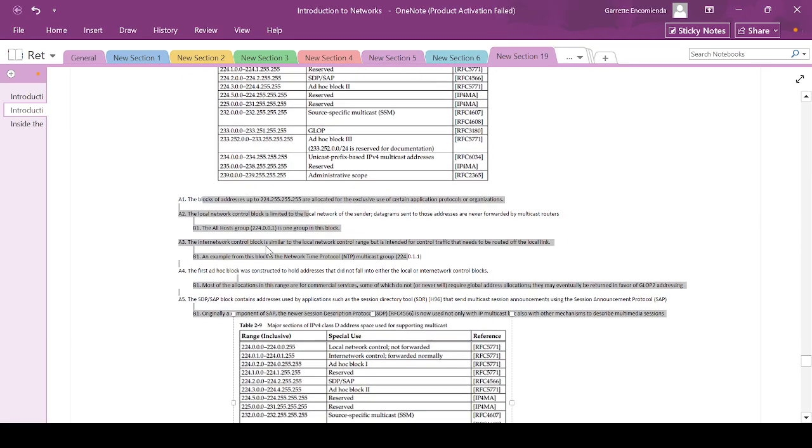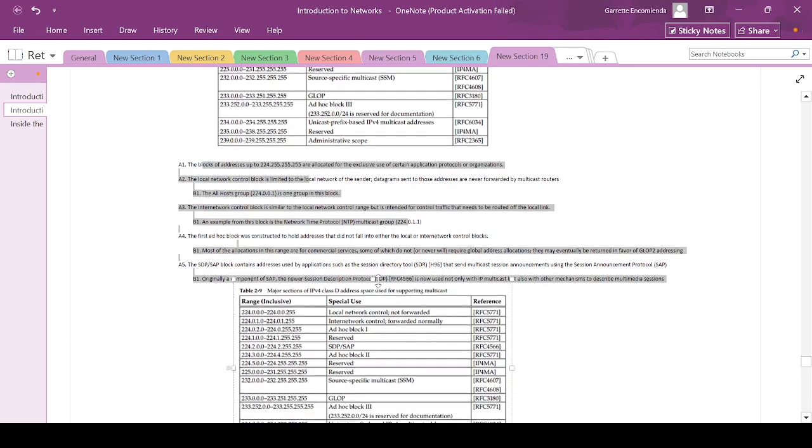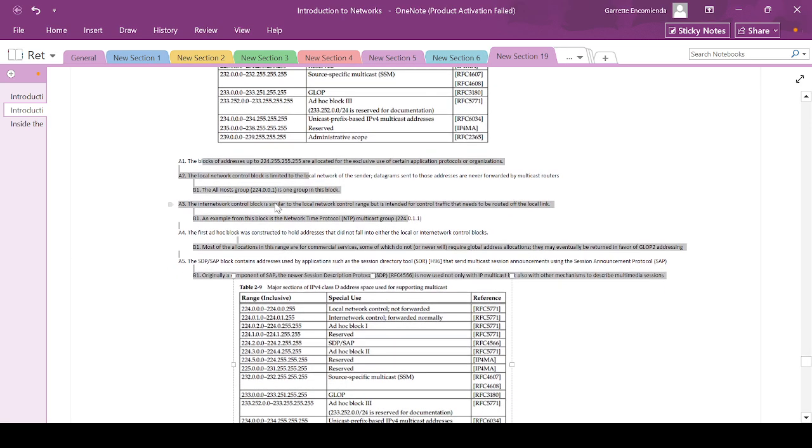So the all hosts group 224.0.0.1 is one group in this block. It's being sent by the sender entirely to its own local network, which is kind of like in SSM, the sender and the group block.